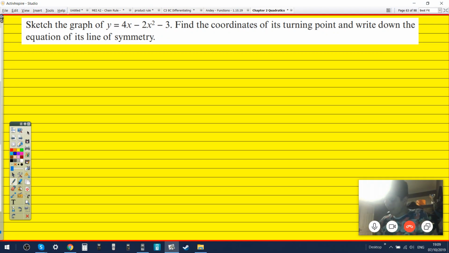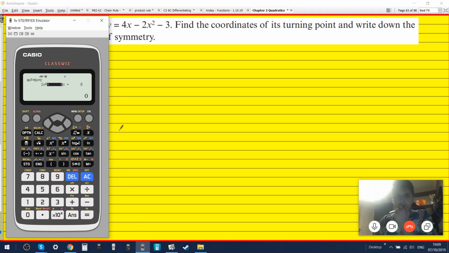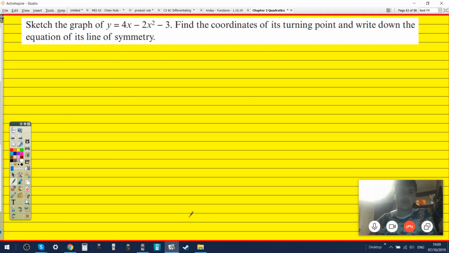Let's try another. Okay, let's try the same thing again with this one. Yes, I need to start off with the polynomial thing, don't I? Okay, so I got x as 1 plus root 13 over 4, and x as 1 minus root 13 over 4.